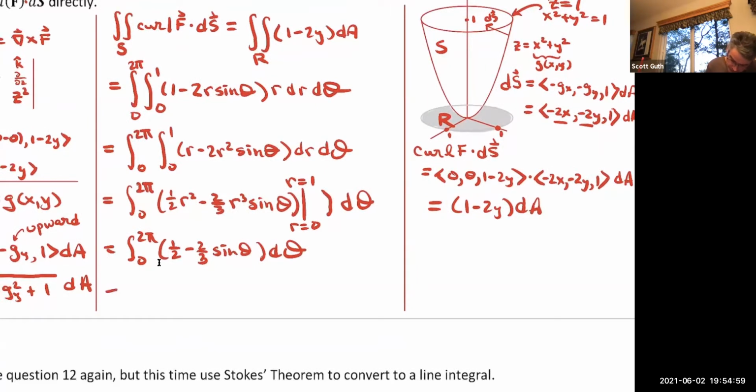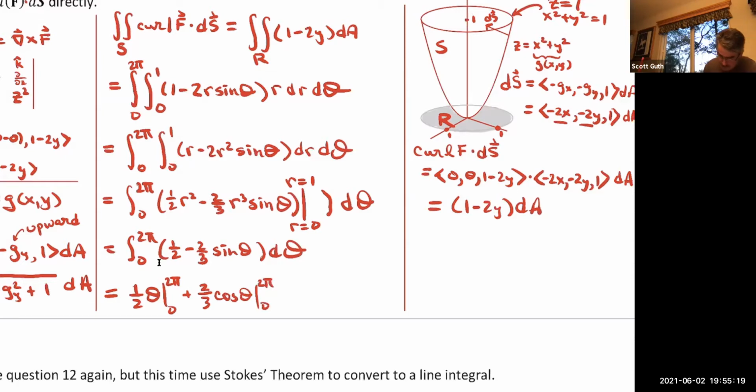Here you can say that's going to be 1/2 theta, and of course theta is going from 0 to 2 pi, and then plus 2/3 cos theta, again 0 to 2 pi.